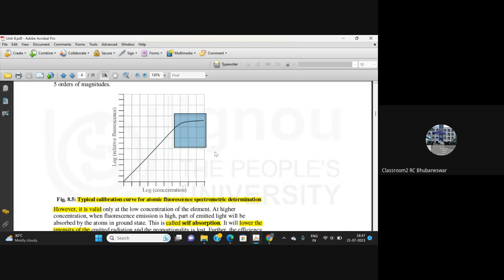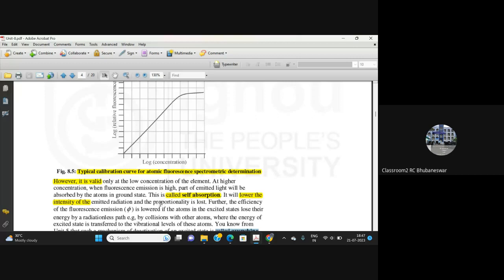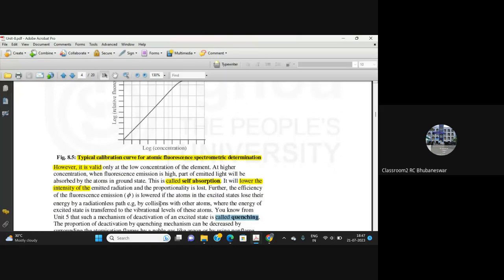It is not a one-to-one correspondence. That is, intensity and concentration do not have a one-to-one link because of self-absorption and quenching. Last class also we discussed this. If many people have not understood that, here also you can be very clear.